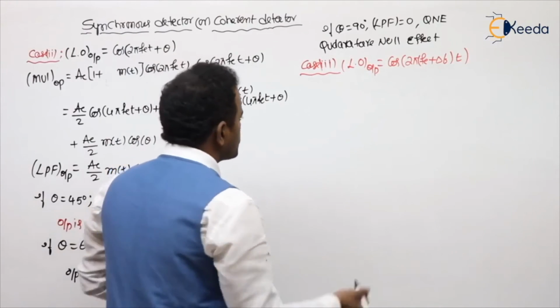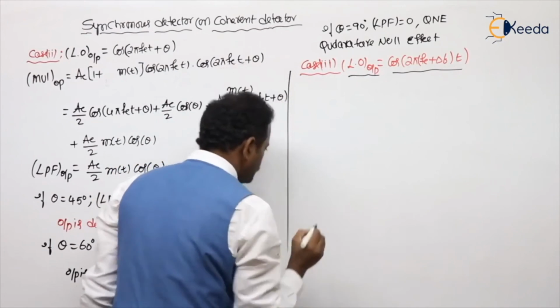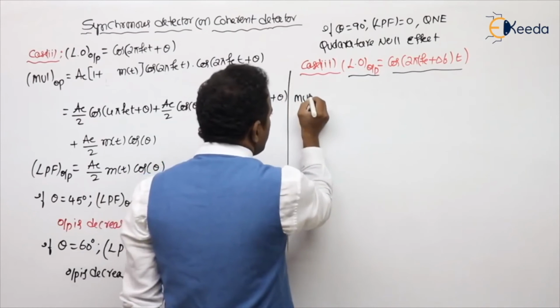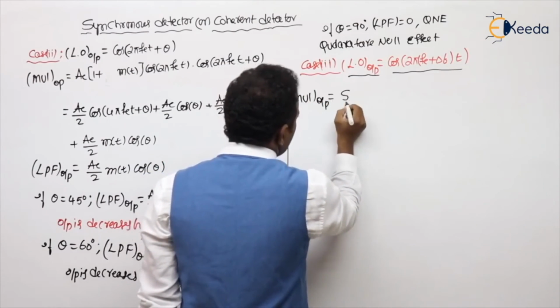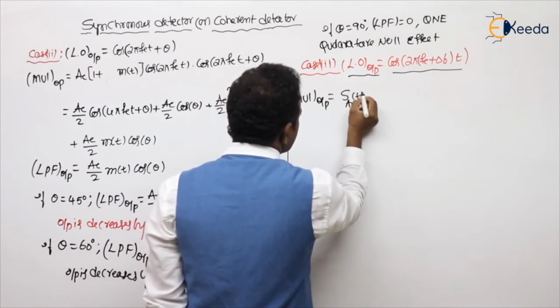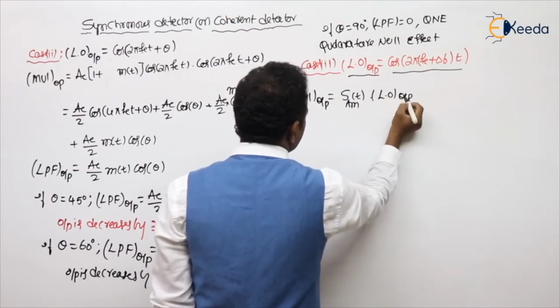What is the first block, sir? The first block is the multiplier. What is the multiplier output, sir? The multiplier output has one input, our amplitude modulated signal, and another input from the local oscillator.